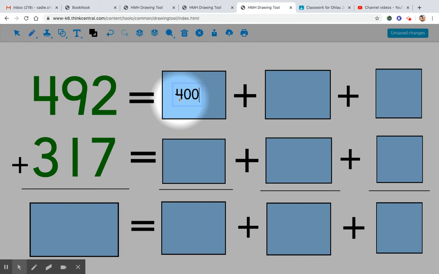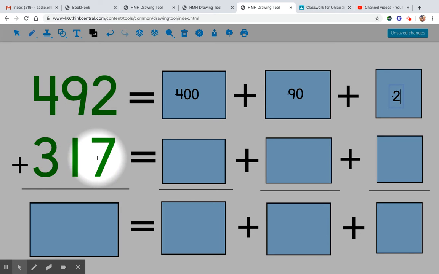So the first thing I'll write is 4 hundreds, or 400, plus a 9 in the tens place is 9 tens, or 90. And last, I have a 2 in my ones place, which is 2 ones, or 2. Okay? 400 plus 90 plus 2 equals 492.